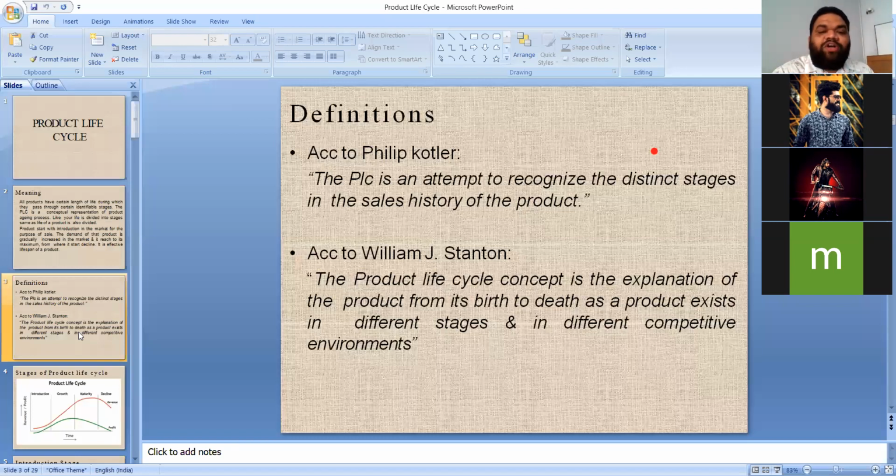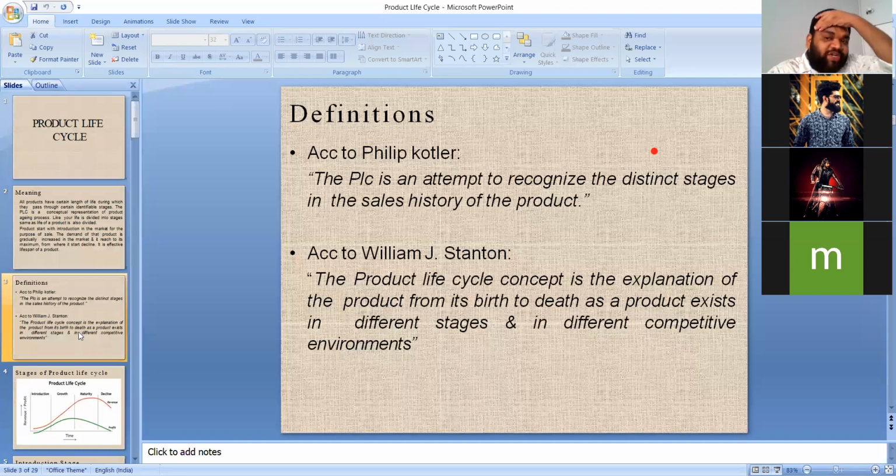Another marketer, William J. Stanton, is telling that the PLC concept is the explanation of the product from its birth to death, as the product exists in different stages and different competitive environments.